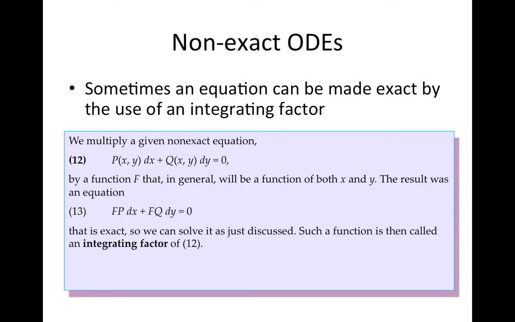And so we could make that exact by multiplying by some unknown function f, and that function is called an integrating factor. So the next set of slides will be to discuss how to determine or how to find an integrating factor. The notation is going to be a little bit different because once again we're switching back to this website, this web-based source, in order to get a little more clean example.